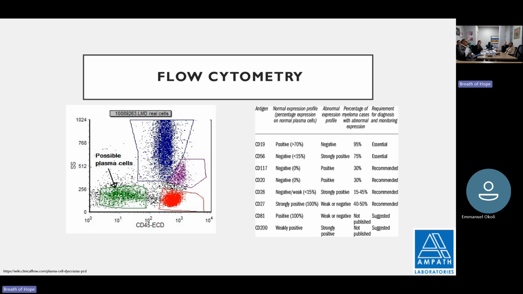Because CD19 is a B cell marker, your abnormal plasma cells lose CD19. They still present with CD38 or CD138, but additional markers will also be present in these plasma cells. That's how we can detect that these cells are clonal, abnormal, not normal plasma cells, and this investigation helps us a lot to confirm that the cells we are seeing are abnormal.